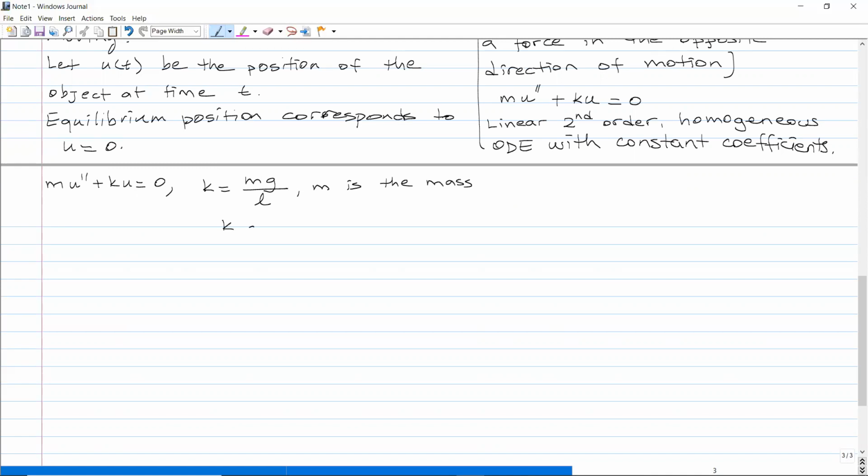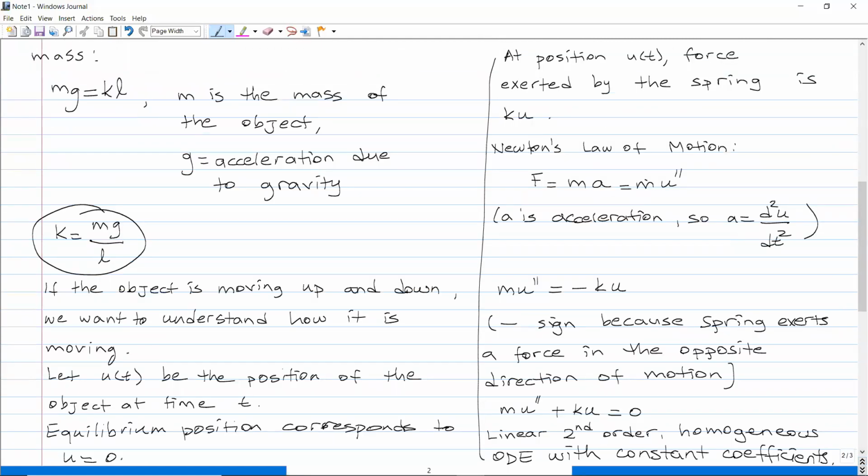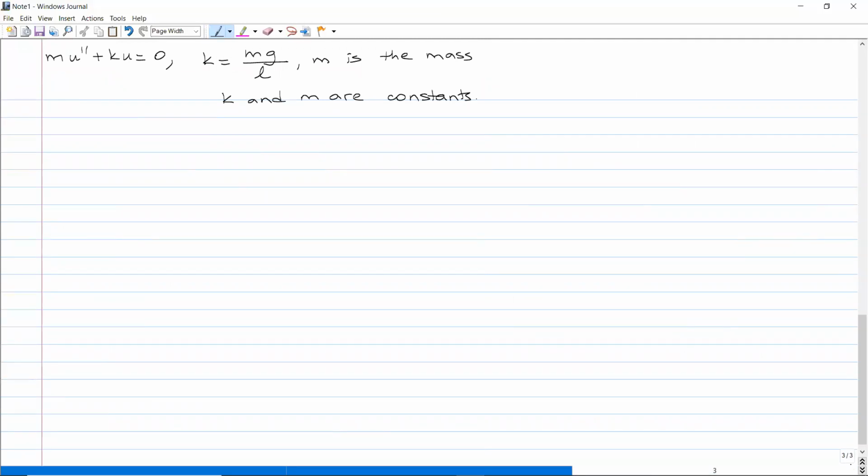So k and m are constant. So we consider the characteristic equation, m lambda squared plus k equal to 0. Okay, k and m are constants, but more than constants, they are positive constants.